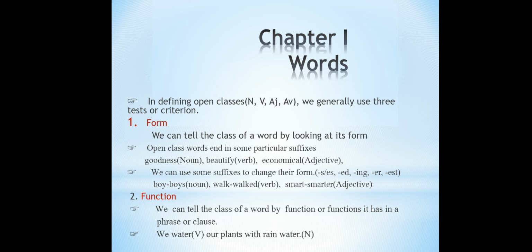So, by looking at the form or internal structure of the word, we can tell its word class. For example, goodness. Now, the word goodness ends in the suffix ness, and as we all know, ness is a noun suffix. So, we can confidently say that goodness is a noun.